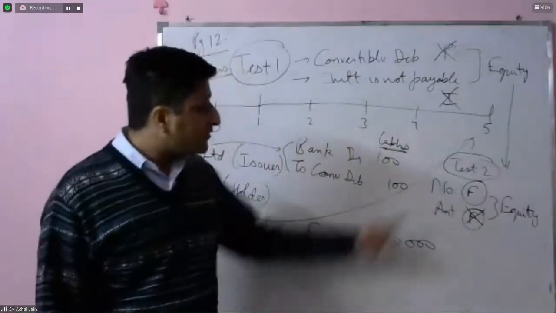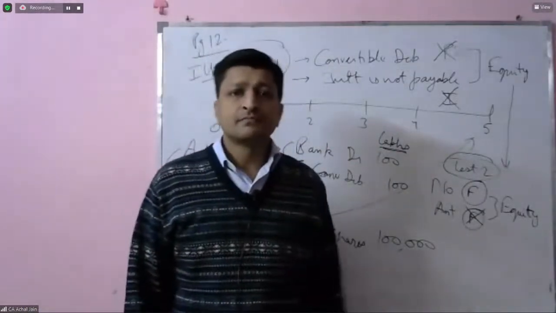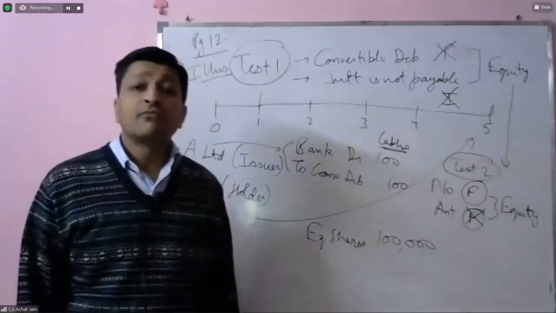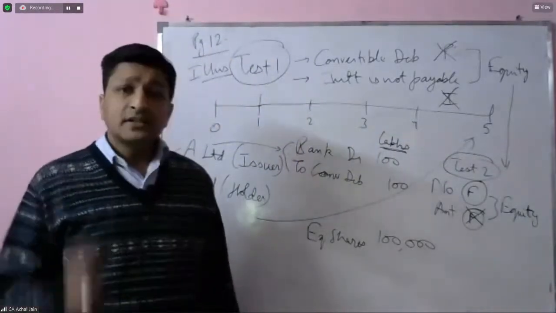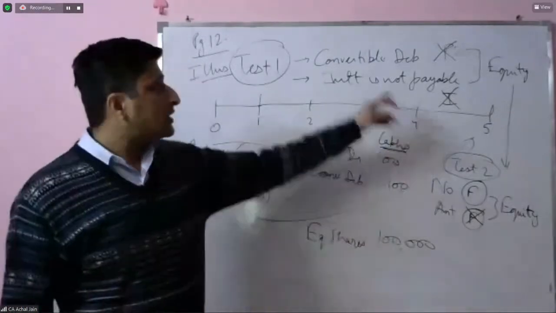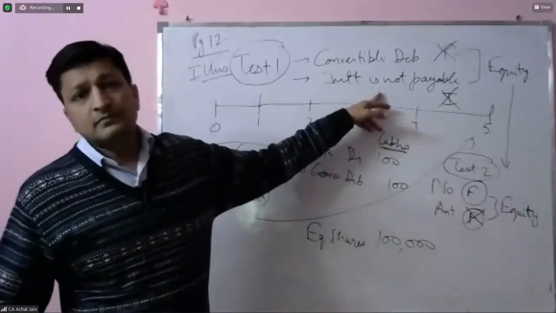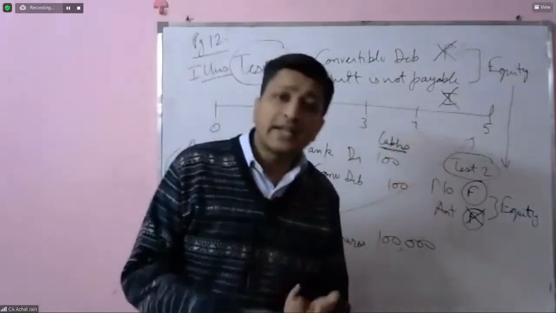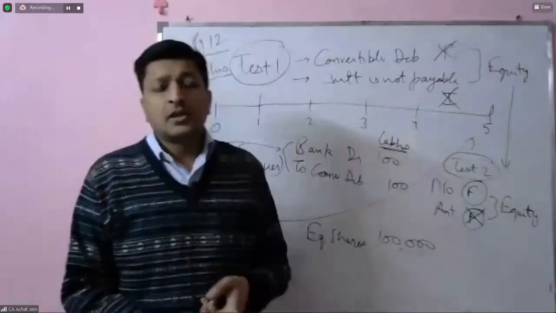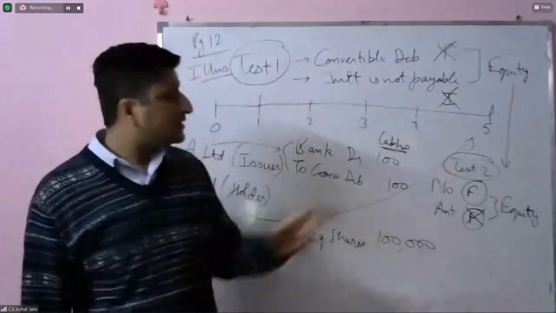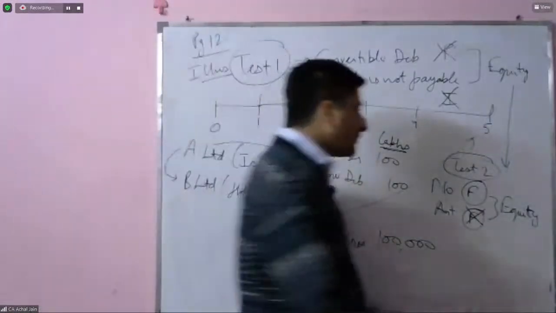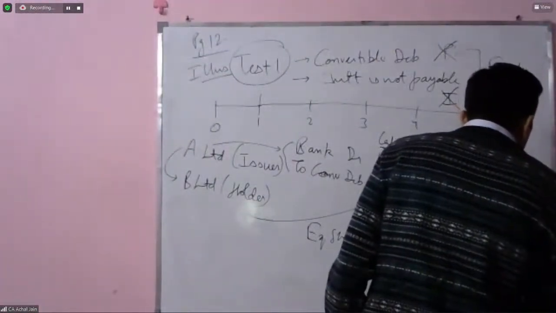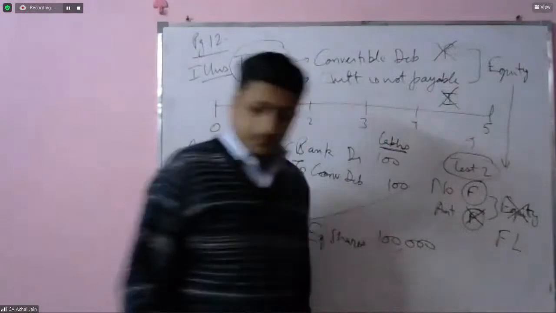In that case, can we say both these things are fixed? No. Even though test 1 will call this instrument equity, because there's a variability in terms of settlement, this instrument, instead of equity, will become a financial liability.